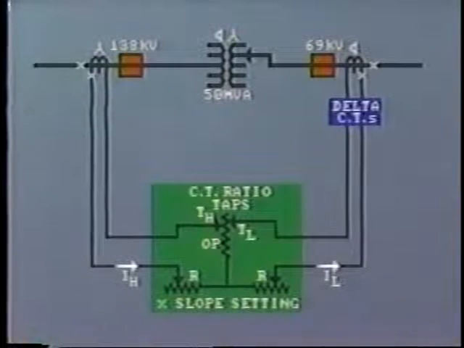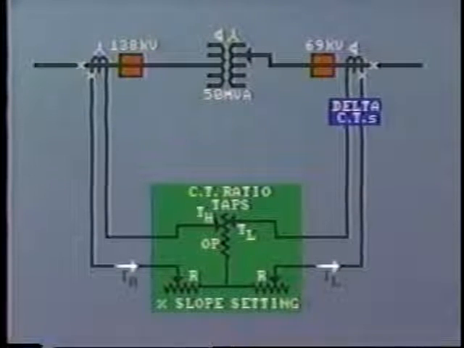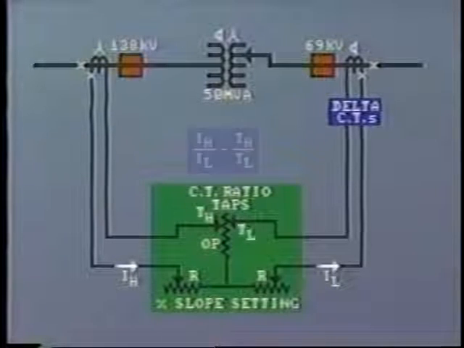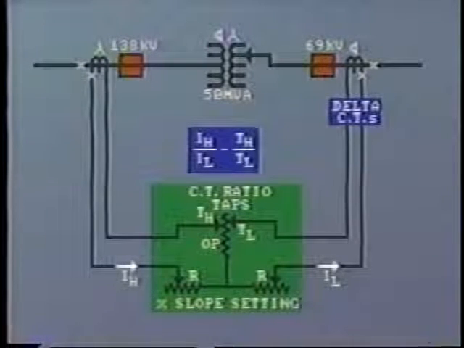In fact, this mismatch can be evaluated by comparing the ratio of high side current to low side current against the ratio of high side tap setting to the low side tap setting. That is IH over IL minus TH over TL.